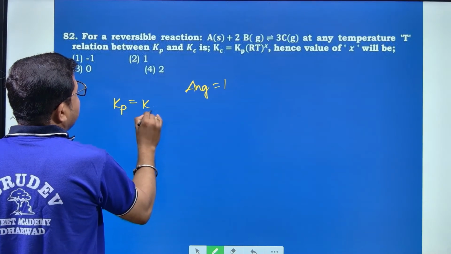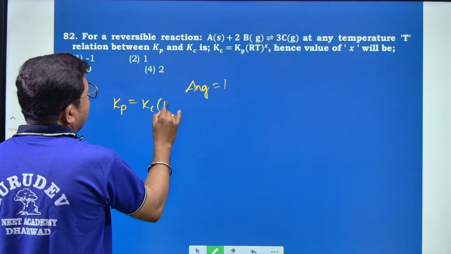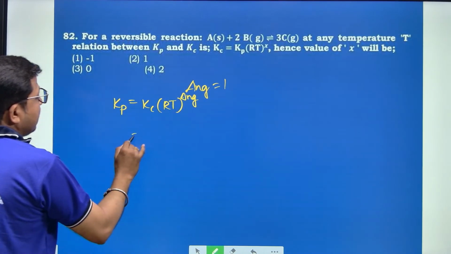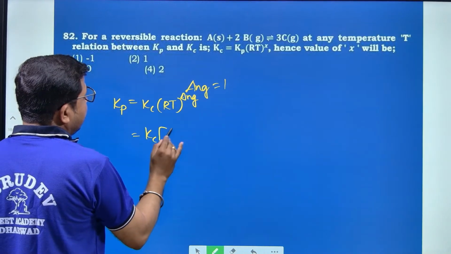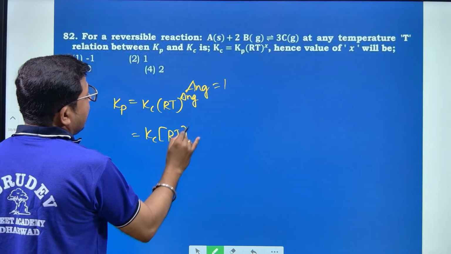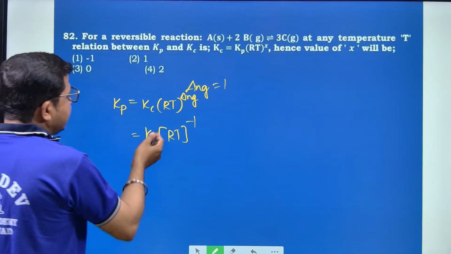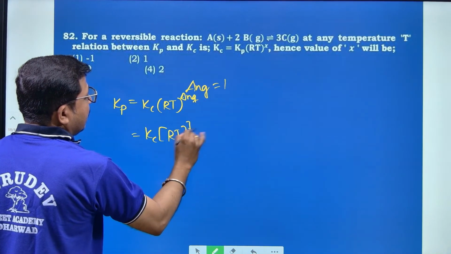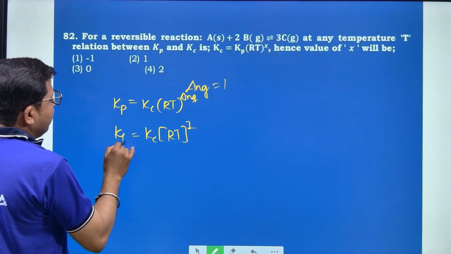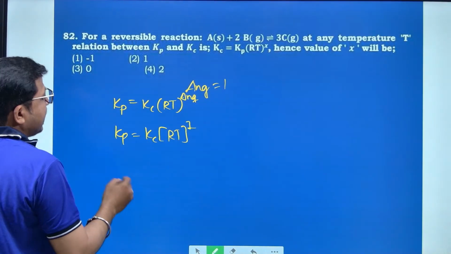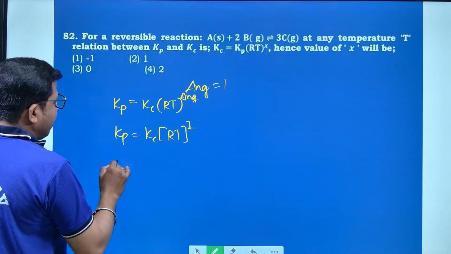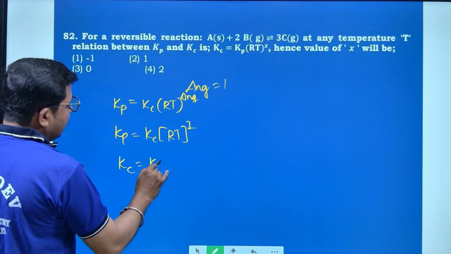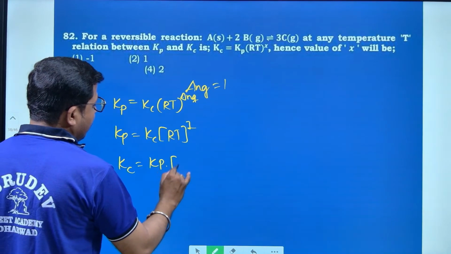Therefore, Kp is equal to Kc into RT raised to delta Ng. Delta Ng value is already given, Kc into RT raised to 1, and this is Kp. If we bring RT to the other side, what will happen? Kc is equal to Kp into RT.